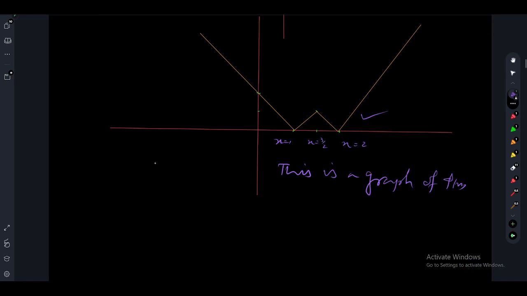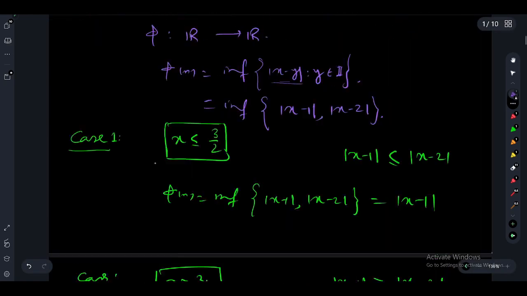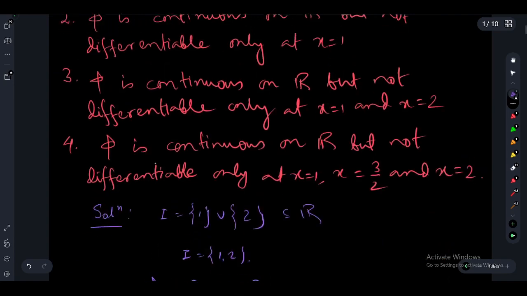So the function is not differentiable at 1, 3/2 and 2, but since it is linear at other points, it is differentiable there. This proves that the function is continuous everywhere but not differentiable only at x equals 1, 3/2 and 2. So we can say that option 4 is correct.